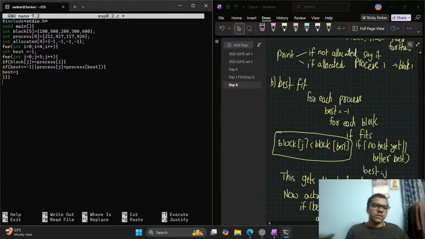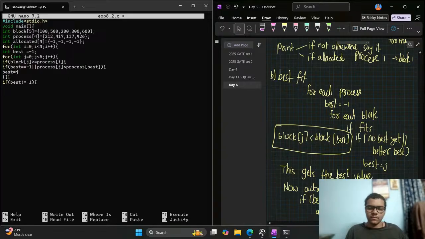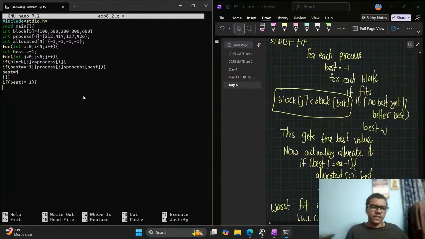Now you are in the outer loop. Now what? Now actually allocate it if best is not equal to -1, that means you got something. Allocated of I is equals to best.